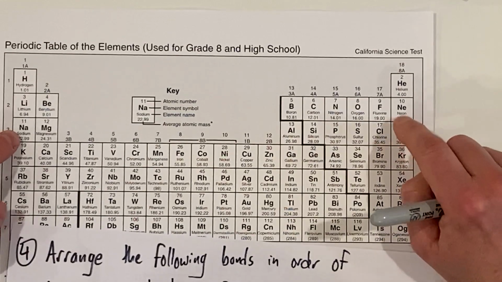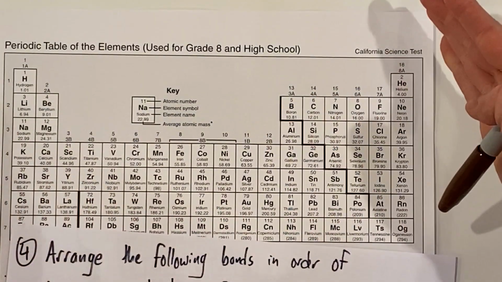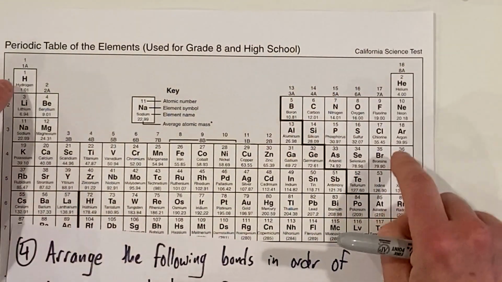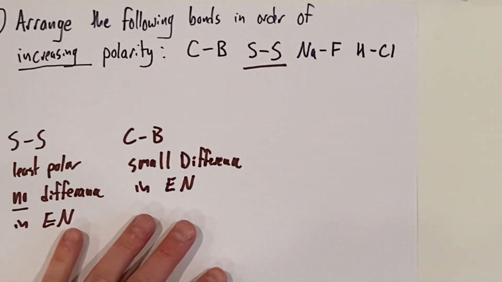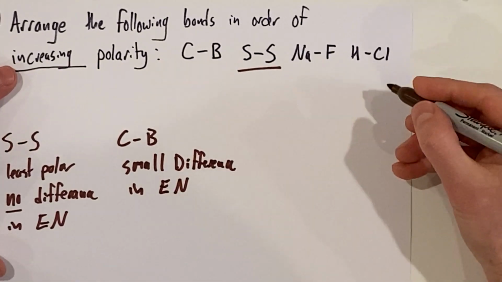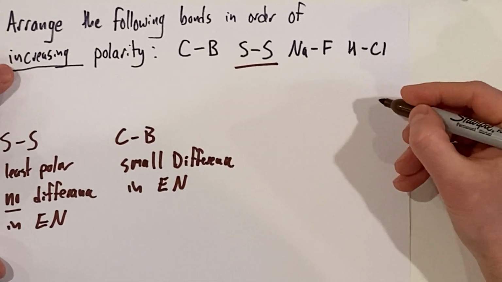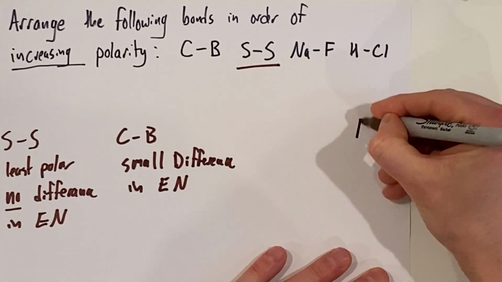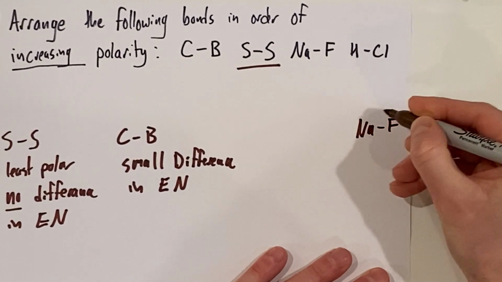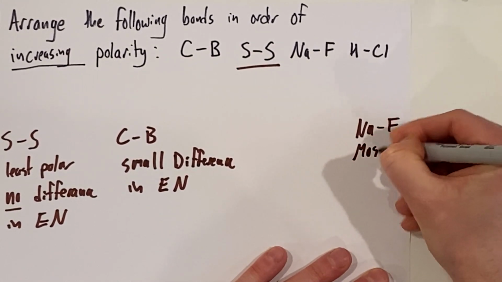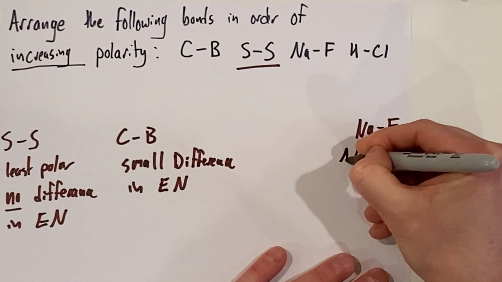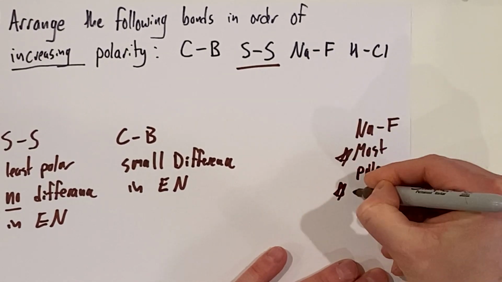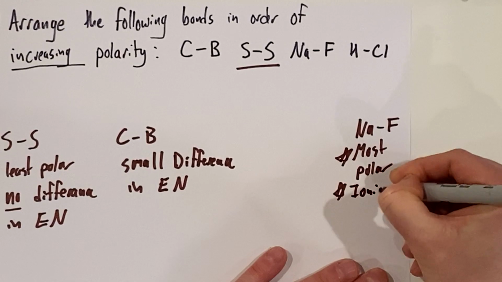Therefore, sodium and fluorine are going to have a bigger electronegativity difference than hydrogen and chlorine. So for the largest difference in electronegativity, that will be the most polar, is going to be NaF. That's the most polar. And this is going to be actually an ionic bond because it's a metal and nonmetal.